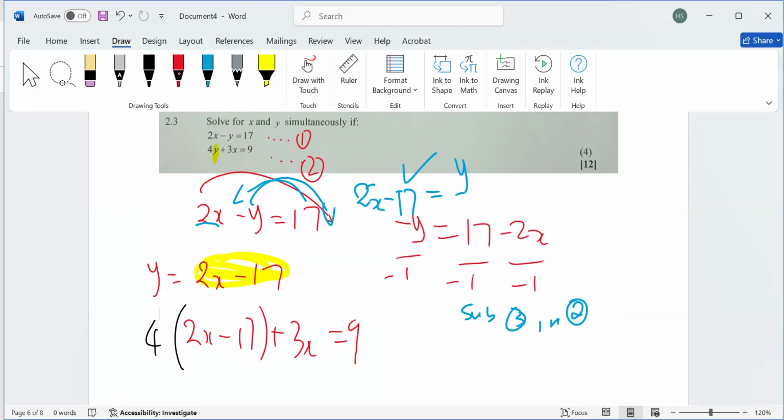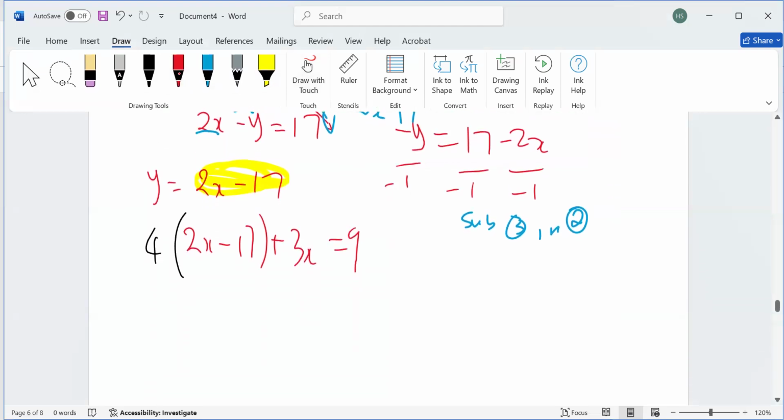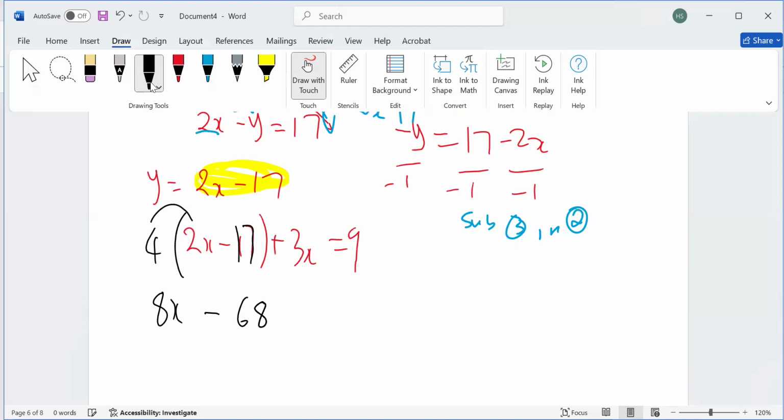Simplify this. You get 8x minus 4, and then 68 plus 8x.